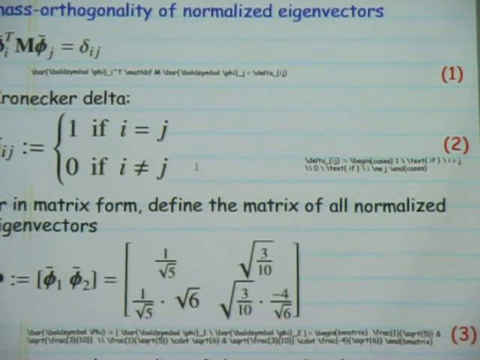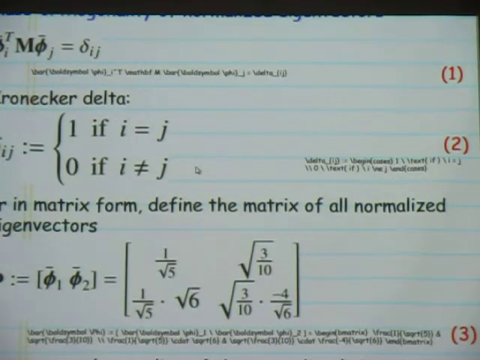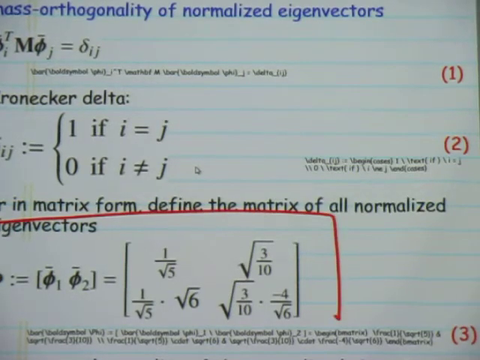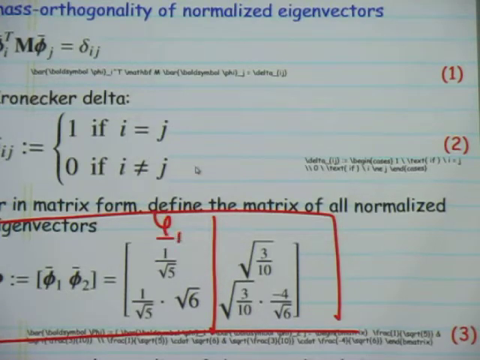I can just draw your attention to this matrix, big phi bar, where you put over here the eigenvector phi 1 bar and here phi 2 bar. Okay.